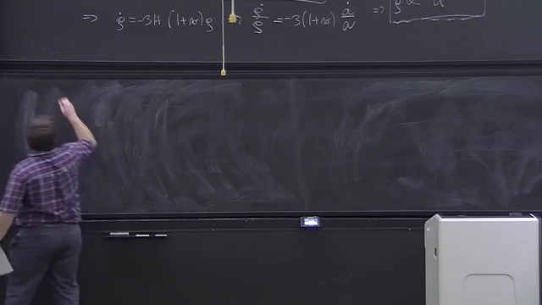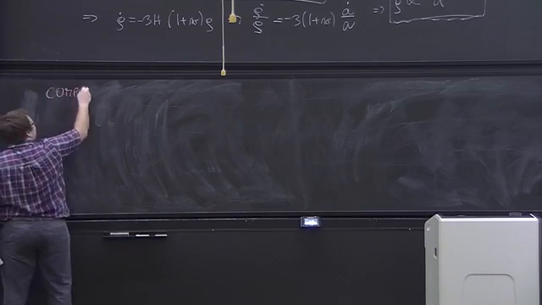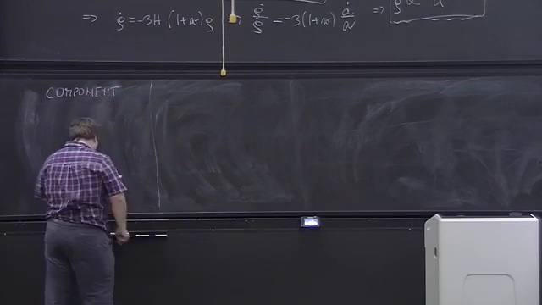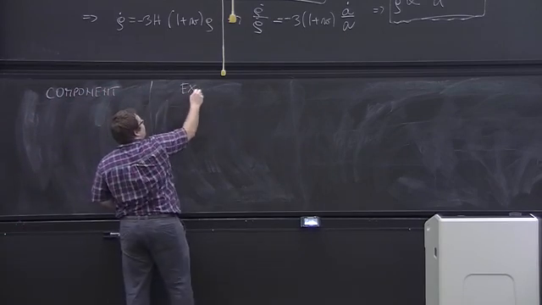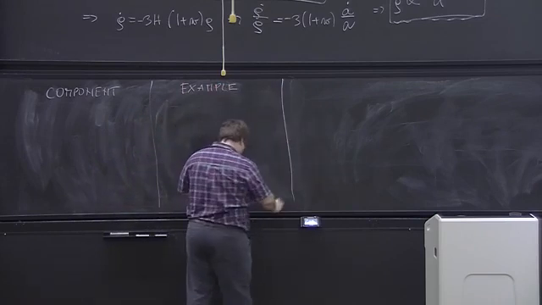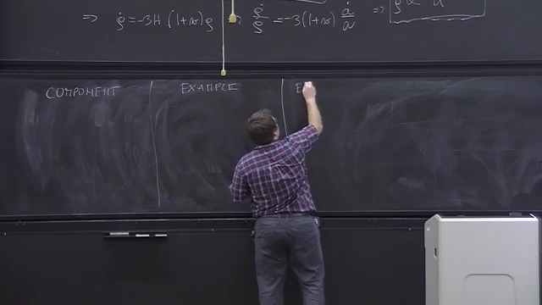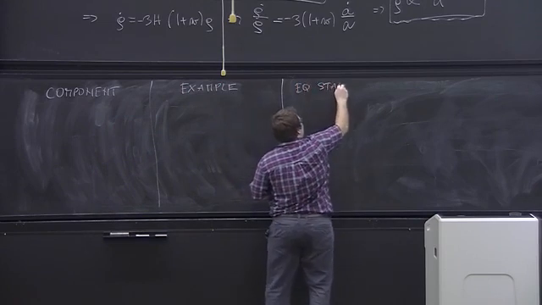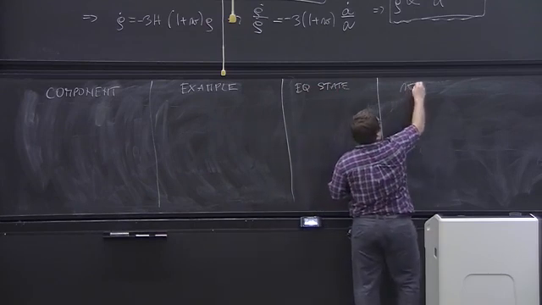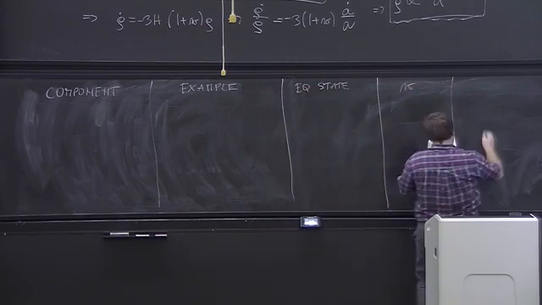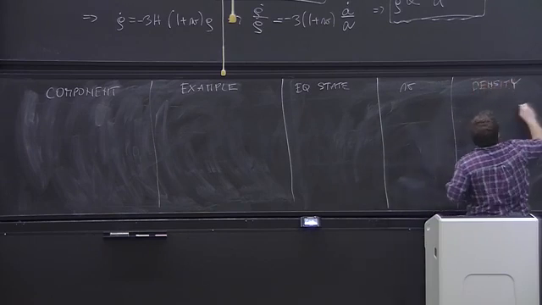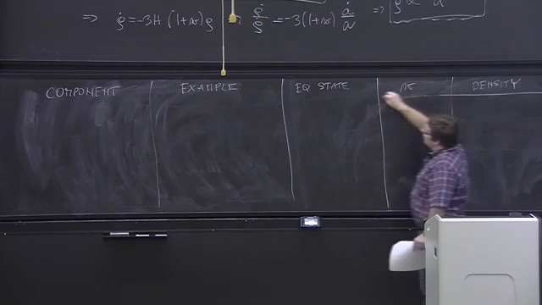I'll have a component here, then an example, then the equation of state, or W, and then how the density behaves in terms of A.